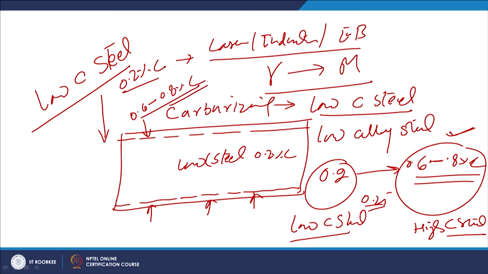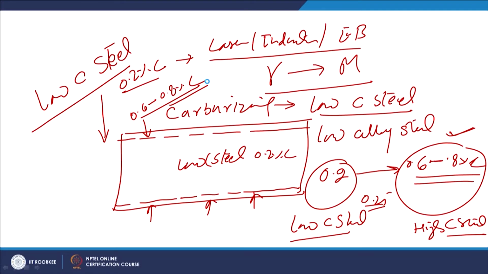The primary purpose of carburizing is to increase the carbon content at the surface or near surface layers, so that subsequent heat treatment can result in the required austenite to martensitic transformation with a significant increase in hardness.